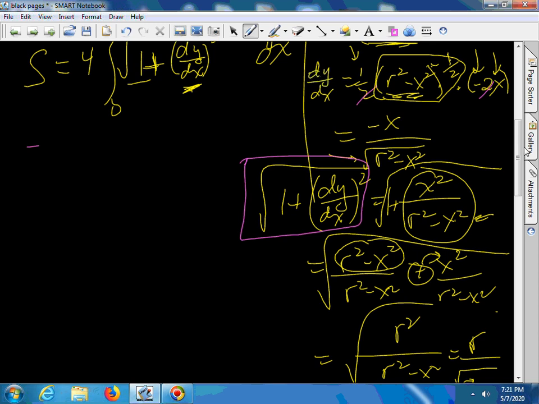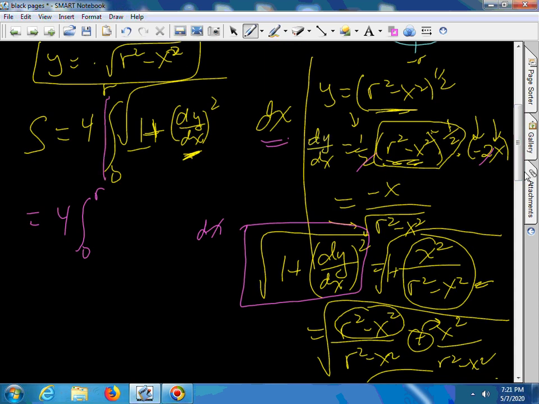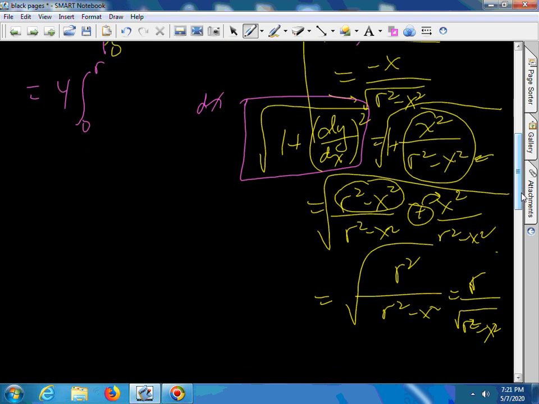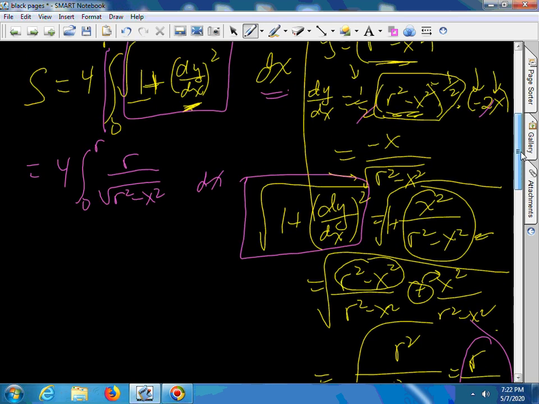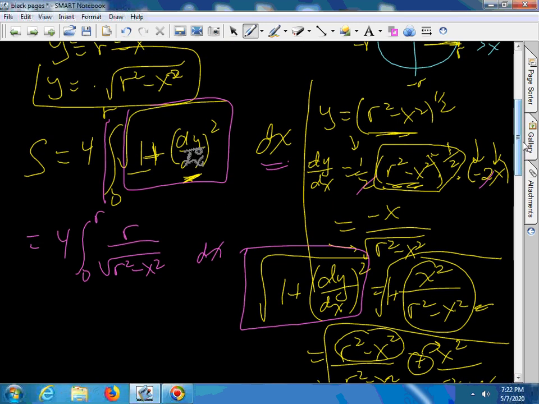So this gives me 4 times the integral from 0 to r. Here's my dx. And this whole piece, I worked out. It is r over the square root of r squared minus x squared. Okay.